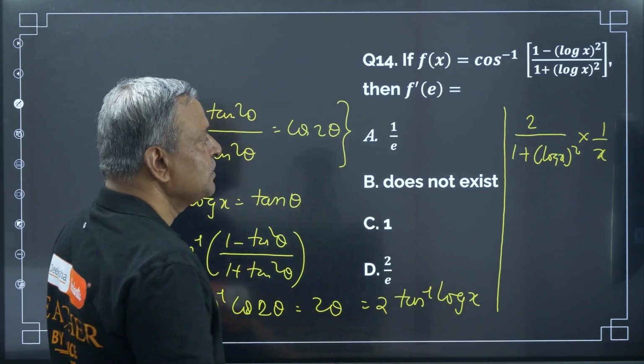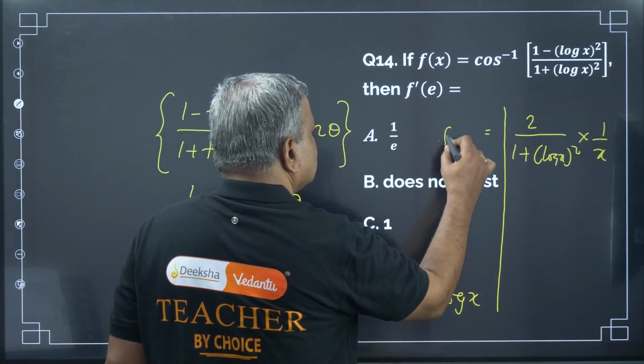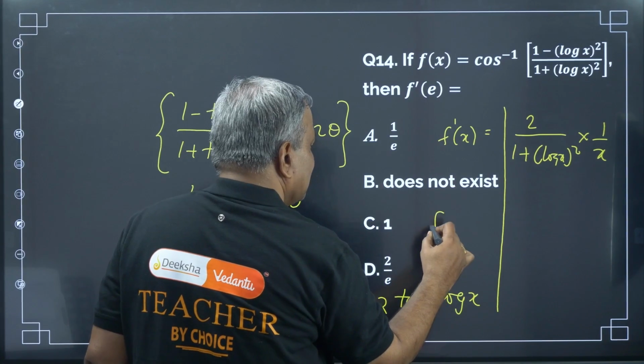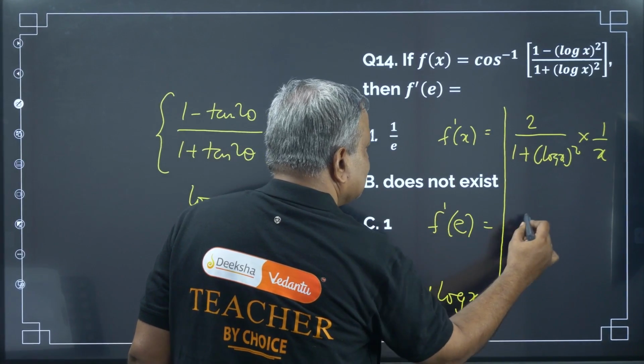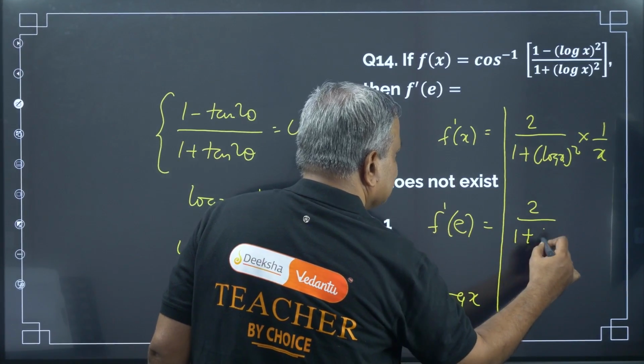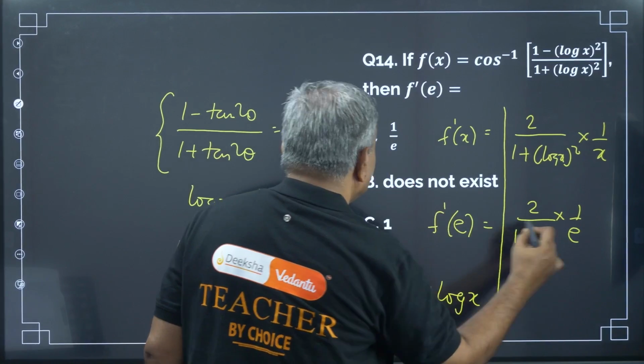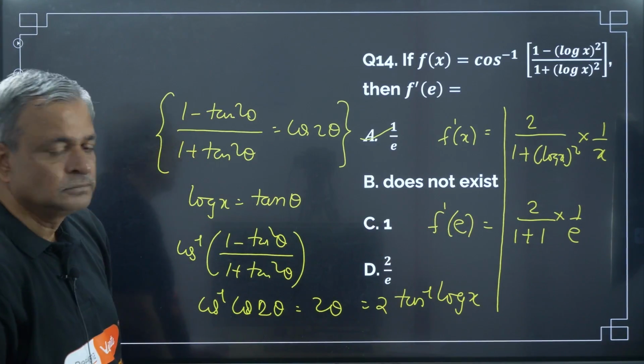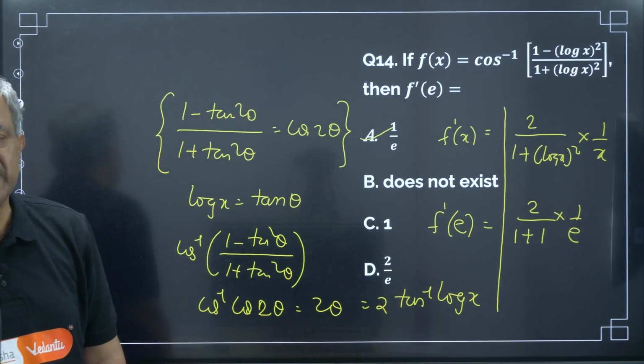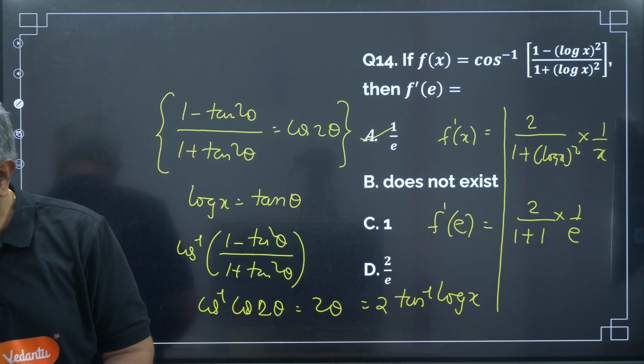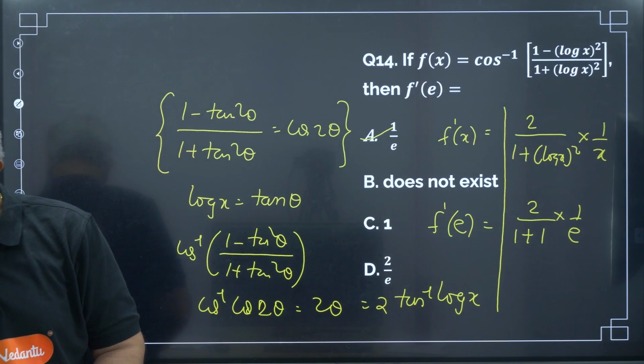Now you put e. So what we get? This is f dash x. So what is f dash e? So f dash e will be 2 by 1 plus 1 into 1 by e. Option A, because log e is equal to 1. So option A is correct.